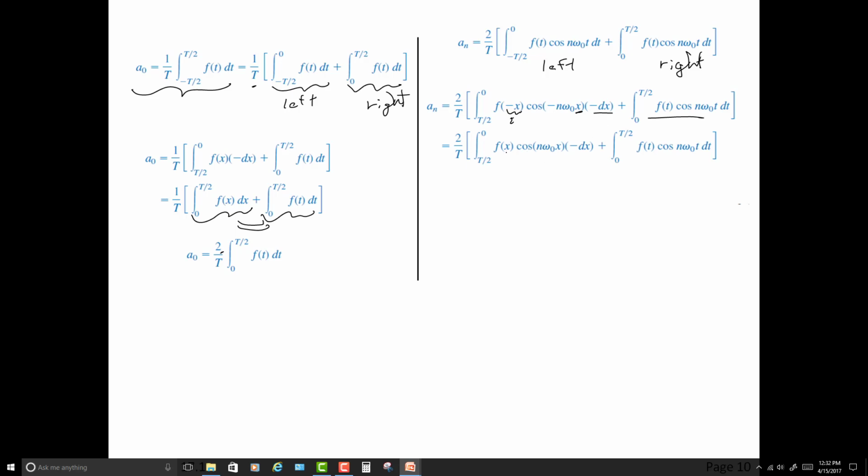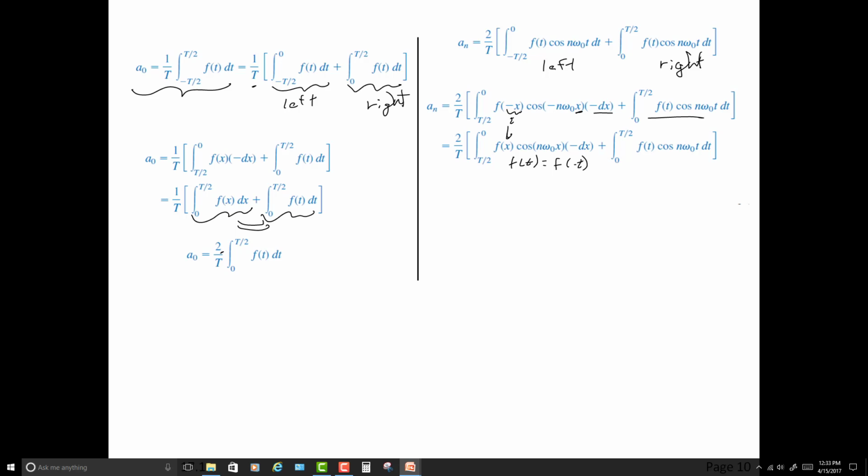So we're doing t over 2 to 0 of f of x. So remember we have the original thing of f of t equals f of minus t. So that's all we're invoking here for x. And we get this changes to this. Cosine of minus x is the same as cosine of x.